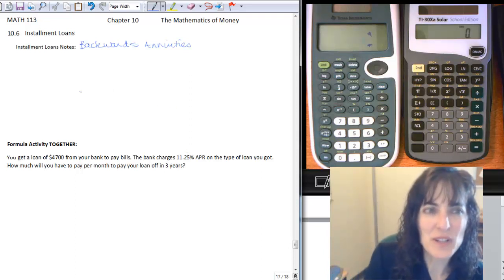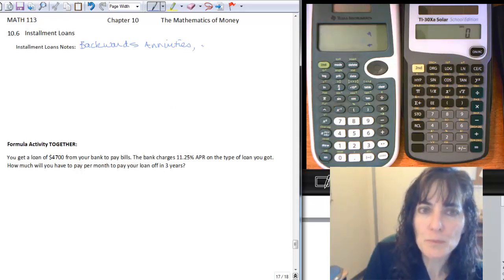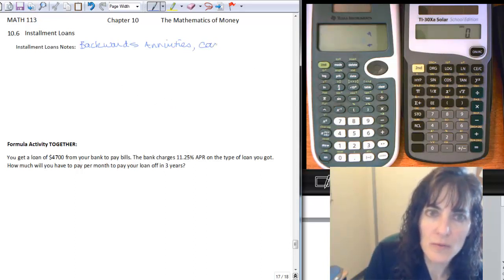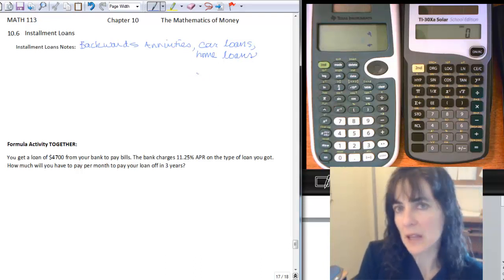Installment loans would be used for things like car loans and home loans, and any other type of loan that you might take, like a payday loan.